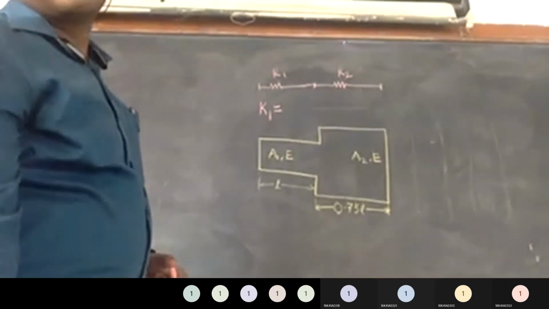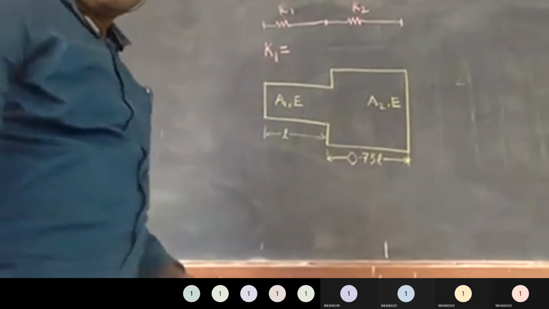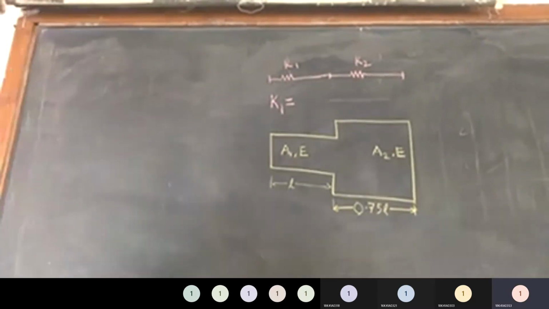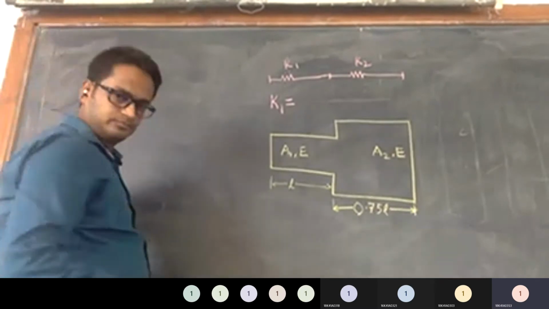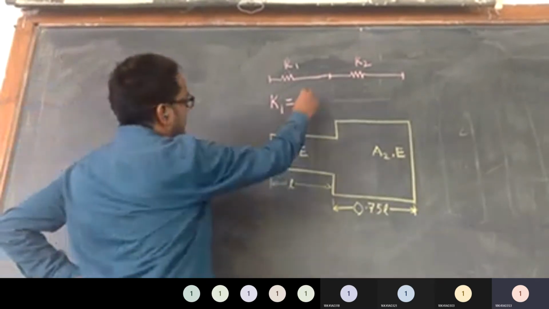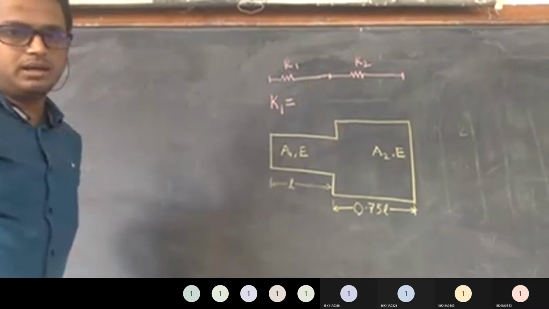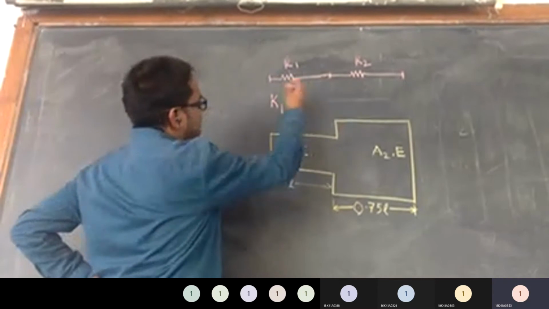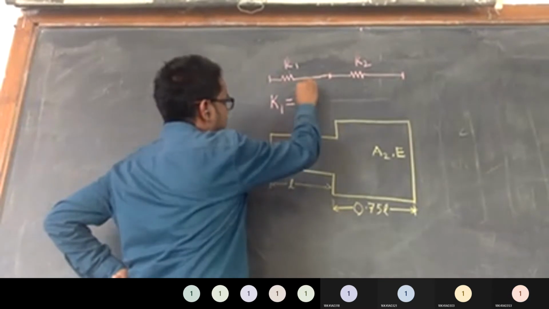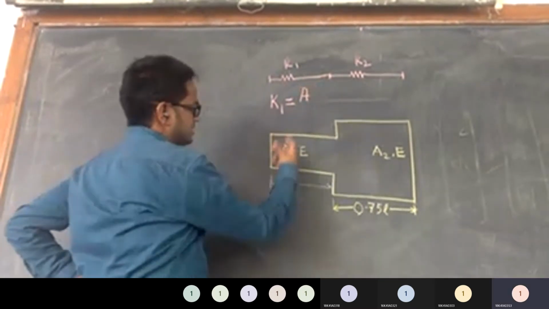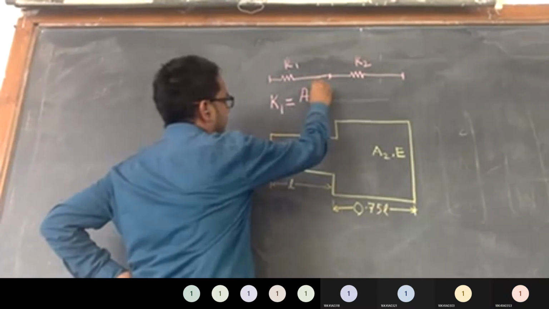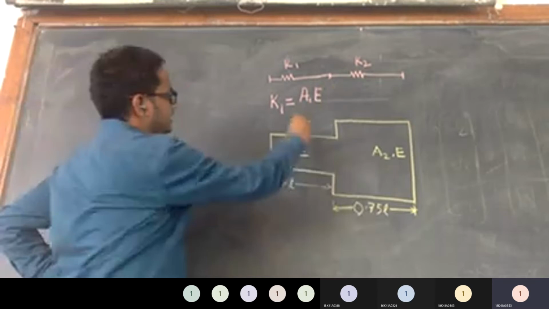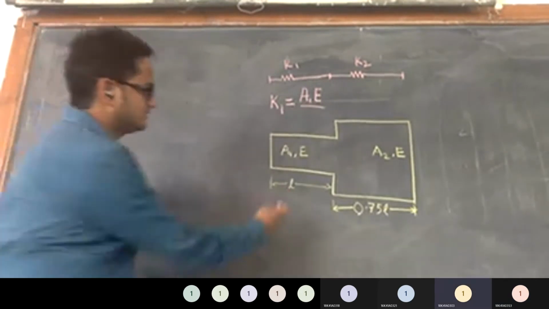Please try to reply. A1 into E by L. If you remember, in the first class we did a derivation and got that stiffness is nothing but cross-sectional area A1 into modulus of elasticity E by L, the length.